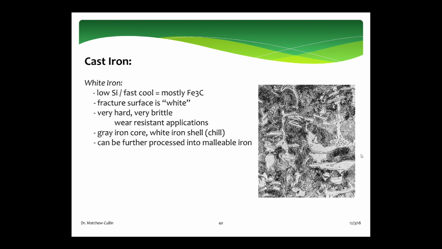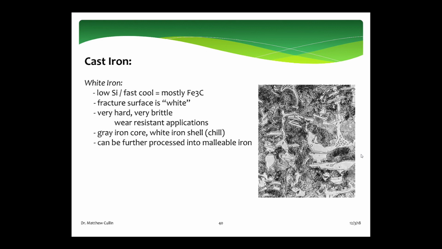It usually occurs right on the outer surface where the molten metal hit the mold. When you cool gray cast iron really quickly, you'll form some percentage of white iron because that iron carbide doesn't have a chance to decompose into the flake graphite.